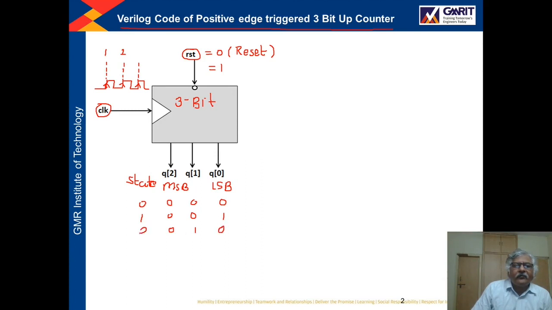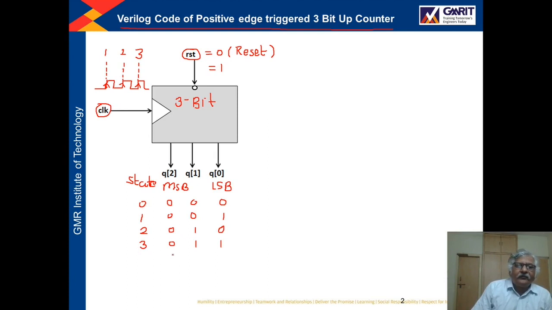This is state number 2. Now when the third positive edge of the clock is detected, the output of this counter will go to the next state, that will be 0 1 1, and this is state number 3.